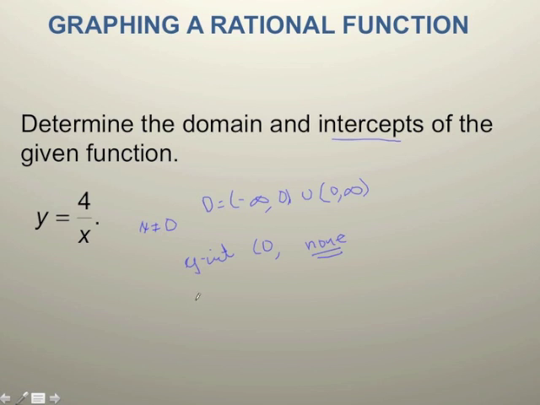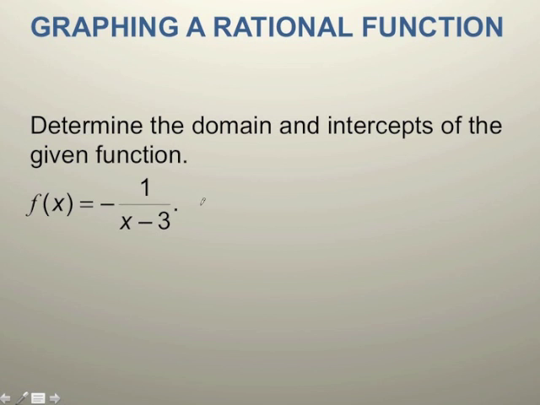Y-intercept, there is none. To find the x-intercept, you're looking for what's the x value when y equals 0. If you have 0 equals 4 over x, you can't do that. The only way that it equals 0 is if the numerator equals 0, and it can't happen. So there is also no x-intercept for this problem.